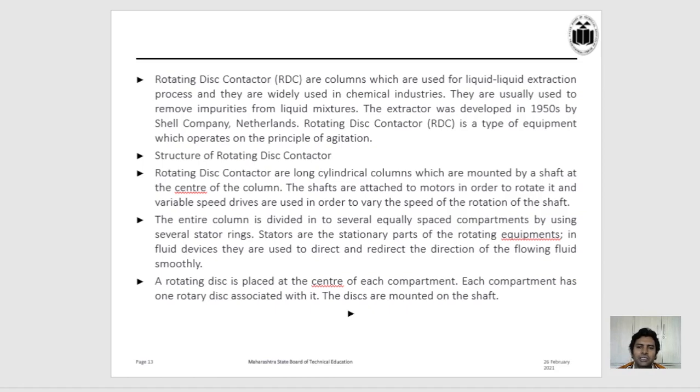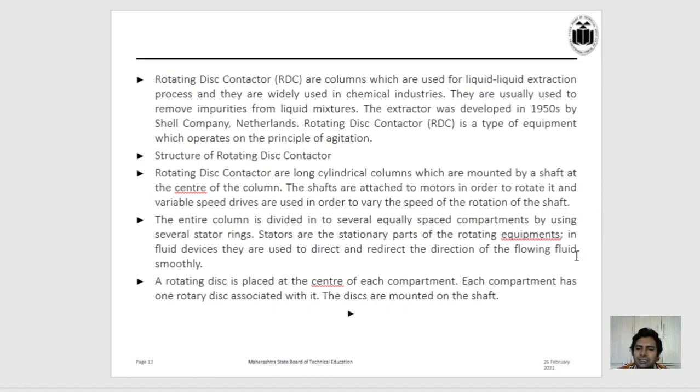Rotating disc contactors are long cylindrical columns with a shaft mounted at the center of the column. The shaft is attached to a motor in order to rotate it, and variable speed drives are used to vary the speed of rotation of the shaft. The entire column is divided into several equally spaced compartments by several stator rings.